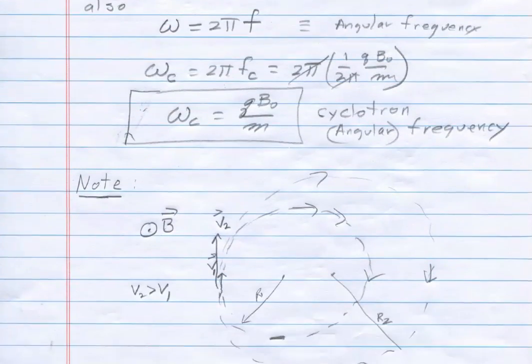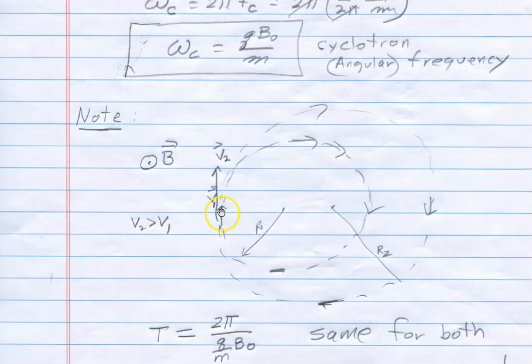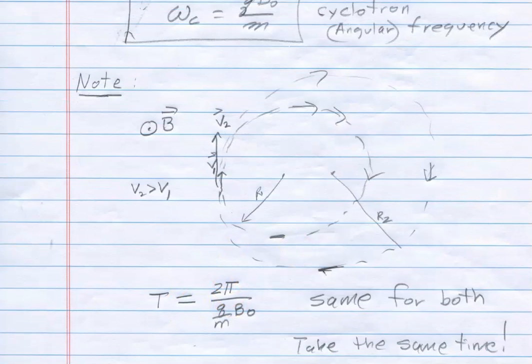And in that regard, it says that while the one particle is going around this circle, the other particle is going around this circle, and if you fire them at the same instant, they will arrive back where they started at the exact same time. The period T is the same for both.